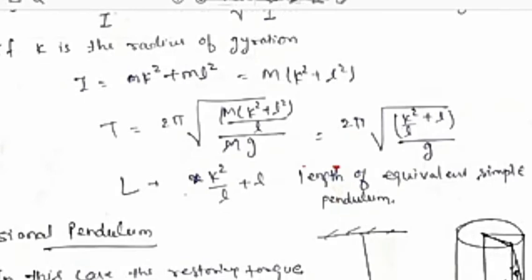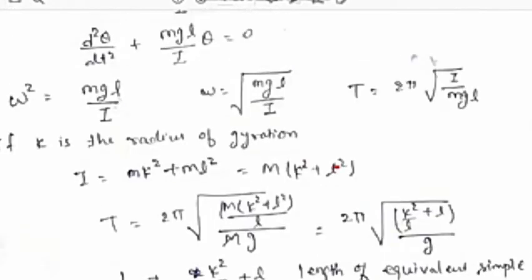So I is equal to mk square plus ml square. Putting this in place of I, T equals 2 pi root of (mk square plus ml square) upon mgl. The mass cancels out. T is equal to 2 pi root of (k square by l plus l) by g. This is the length of the equivalent simple pendulum. This is the final expression of the time period of the compound pendulum.